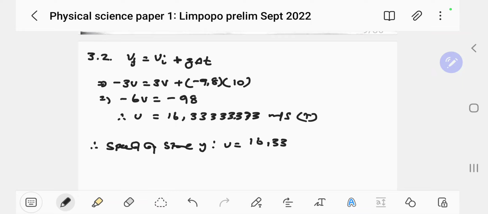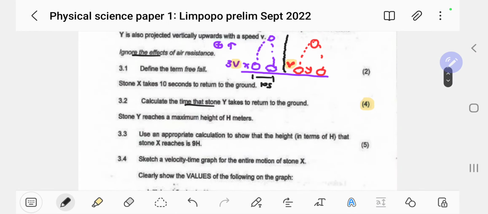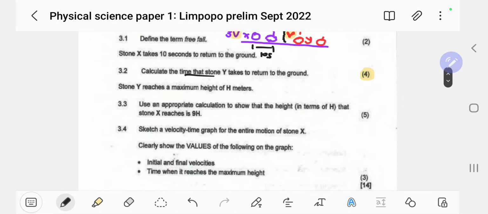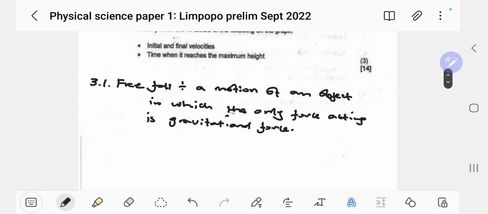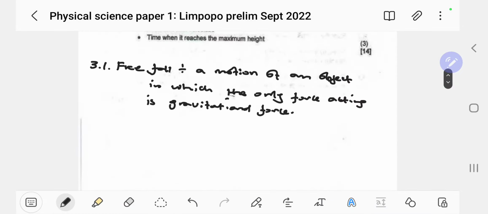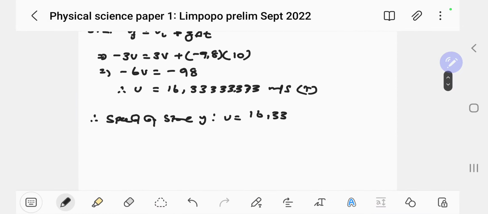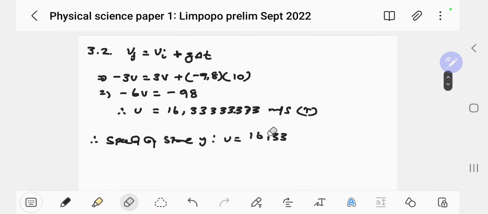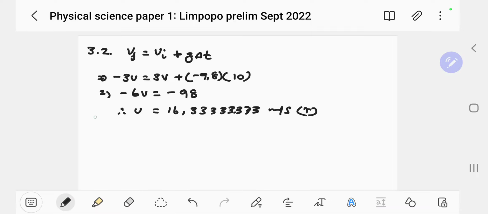Yeah, actually v, remember, we just wanted v here. We just wanted v and we found v, so we don't have to stress. Since we have v, we are where we want to be. So now for stone Y, the situation is like this. Again, we do the same thing.